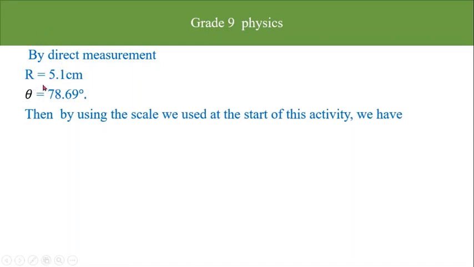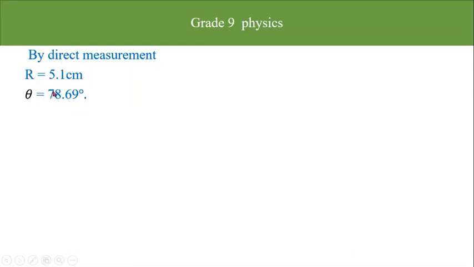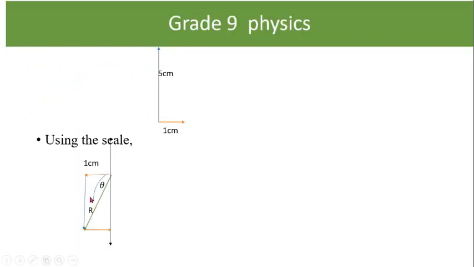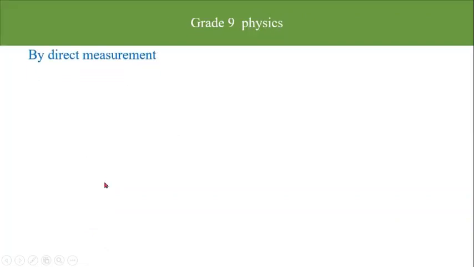These are results of the direct measurement from the parallelogram which we constructed just earlier here. But we didn't fully find the answer for the problem. To get the full answer, I have to convert this centimeter unit into the Newton unit by using the scale which I considered at the start of this problem.